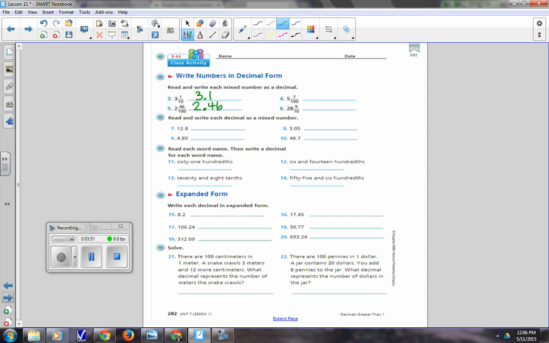If I say 12 and 8/10ths, these fractions are either going to be a tenth or a hundredth. So number 9 is going to be 4 and 85/100ths. You try 8 and 10. Read each word name, then write a decimal for each word name.